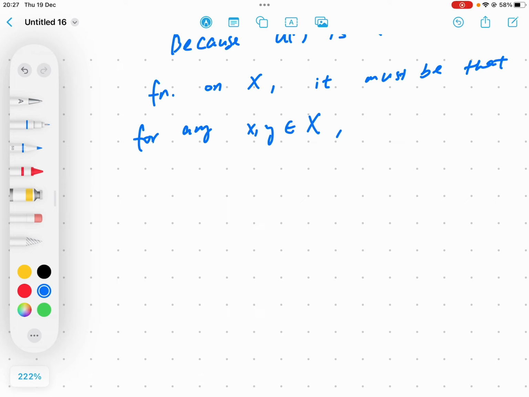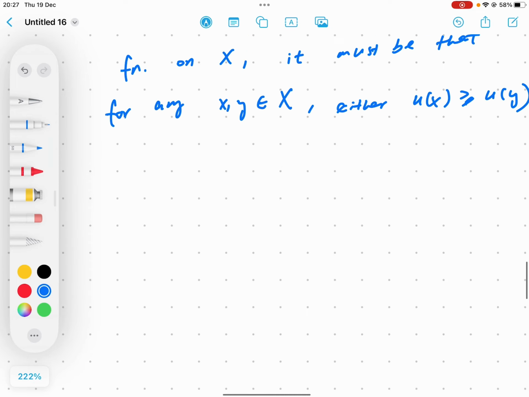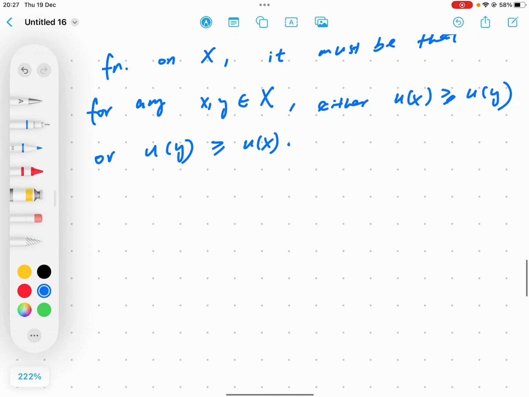So it means that we can either have u(x) greater than or equal to u(y), or the other way around. So the real numbers are complete.